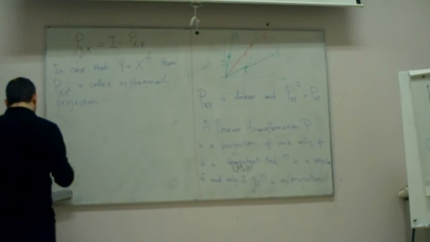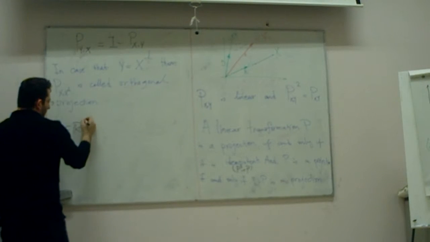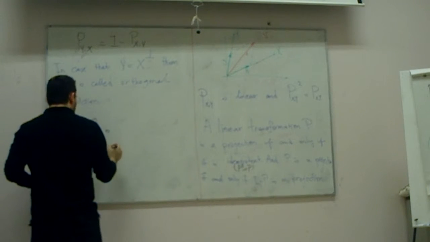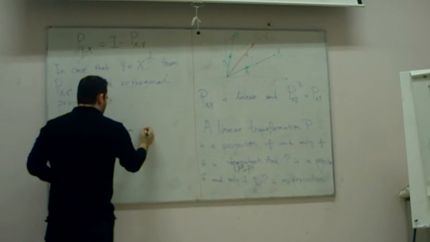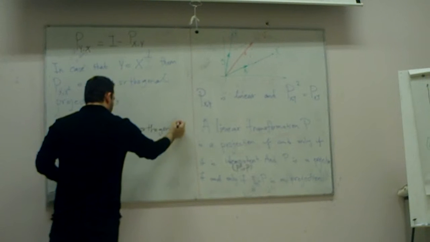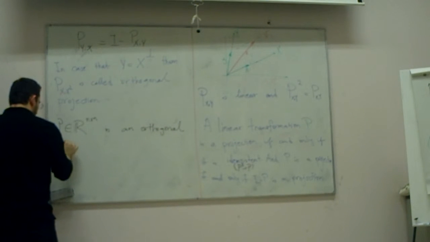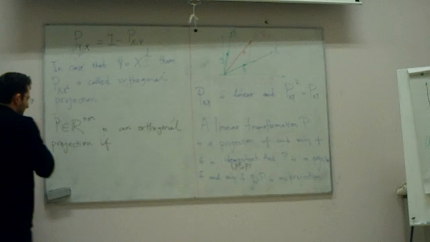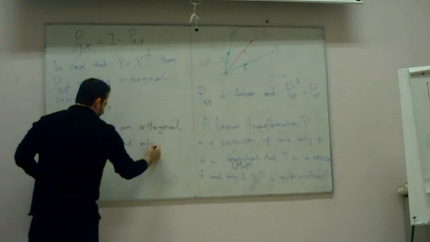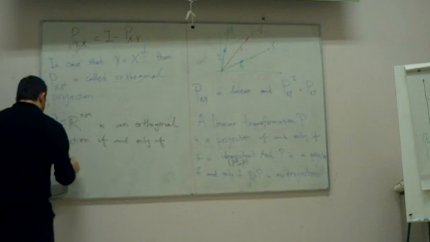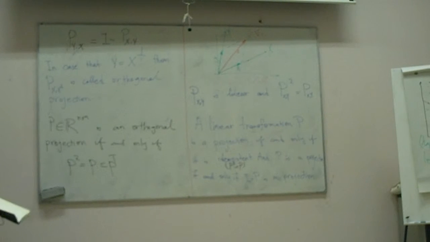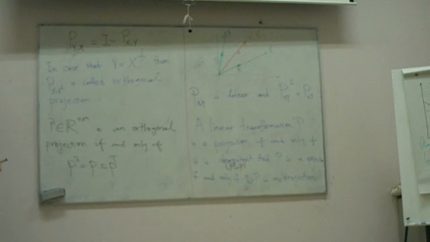Let's have another theorem. If P is a matrix of n by n in R, it is an orthogonal projection if and only if not only is it idempotent, but also it is equal to P transpose.